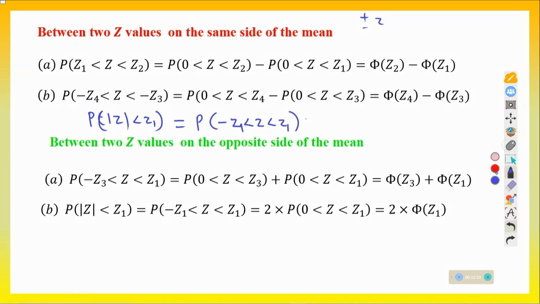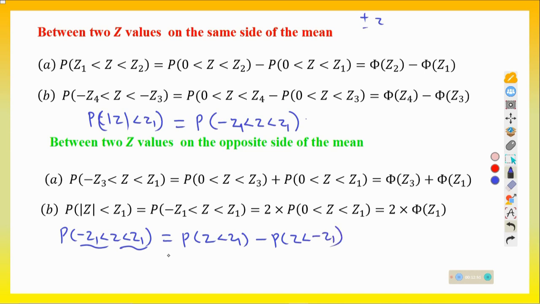So let us see how we can manipulate that. You are dealing with the probability of negative z1 less than z less than z1. As I said, it will be p of z less than z1 minus p of z less than negative z1. Here you must consider less than, whatever value is here, and you should be able to deal with that. So this will be the probability of z less than z1 minus the probability of z less than negative z1.